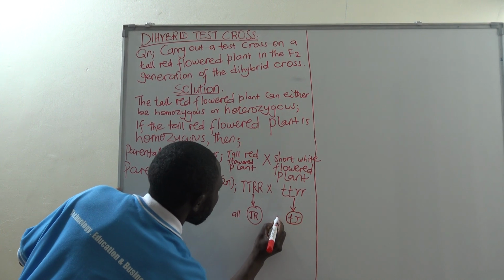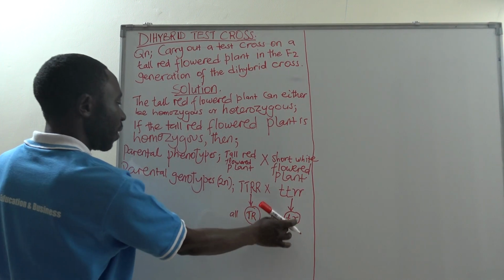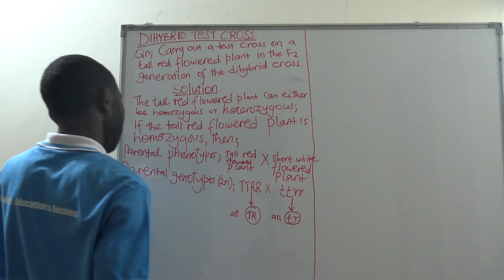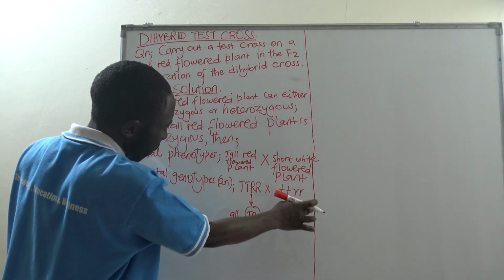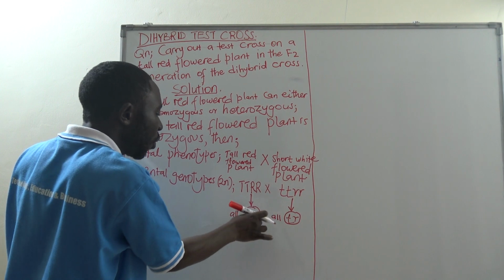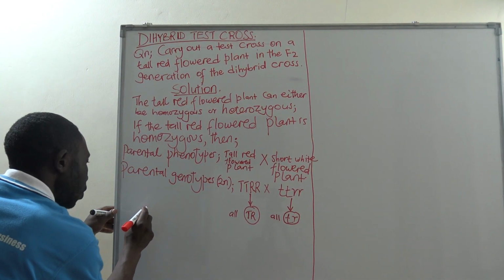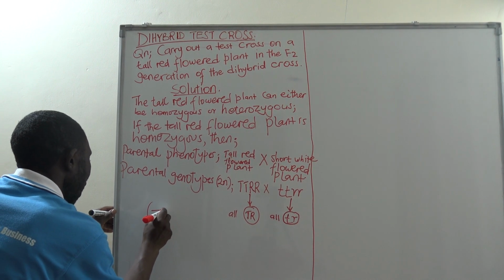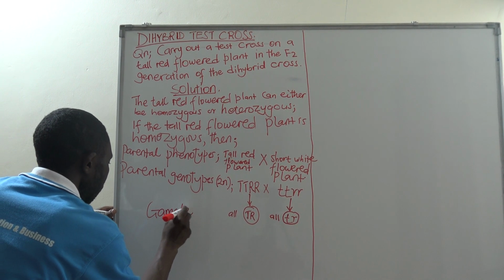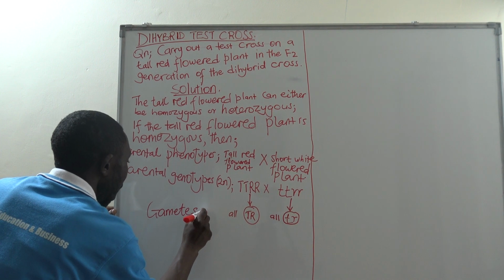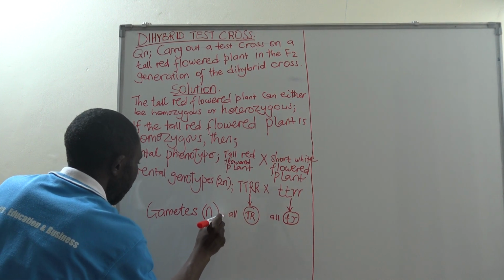These allele combinations are carried in gametes, which are haploid in nature.